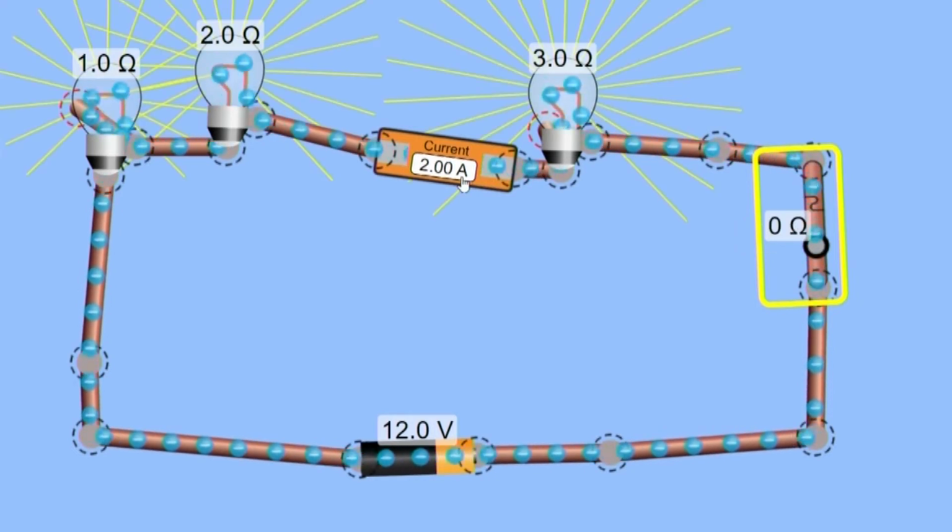So children, you need to remember that V is 12 volt, which is equal to 2, the current, into what is the value of resistance then? Yes, it is 6 ohm. So how do we get 6 ohm here? By adding the 3 resistances, 1 plus 2 plus 3, it is 6 ohm. So 12 is equal to 2 into 6 ohm, that is V is equal to I into R by Ohm's law.